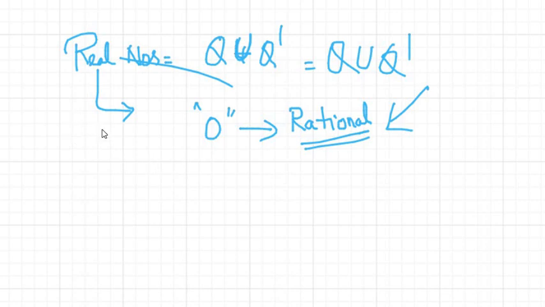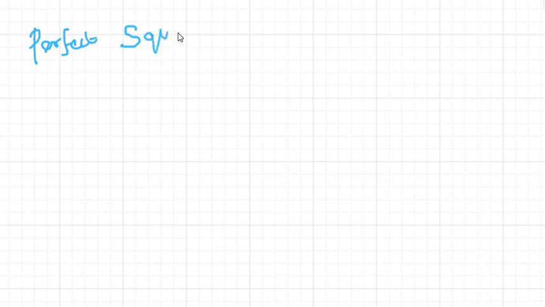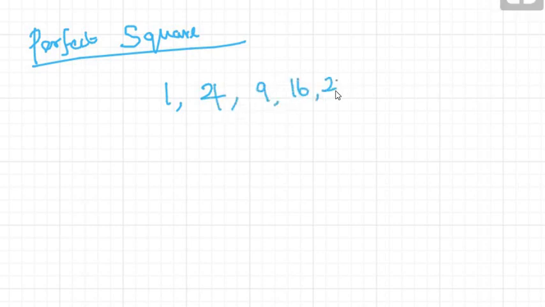Okay, right. Next is perfect square. What are perfect square numbers? Perfect square numbers are 1, 4, 9, 16, 25. When we say perfect square, what does it mean?